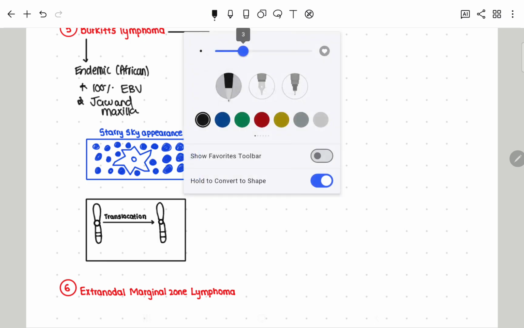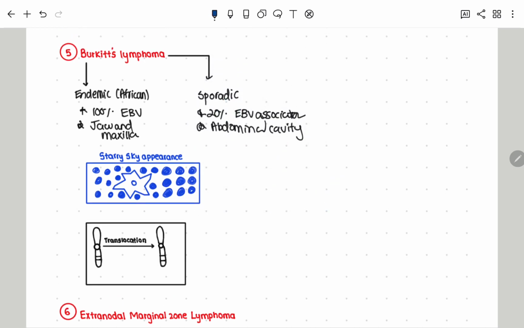Important things to note about Burkitt's lymphoma and the two different types is that they are histopathologically similar. However, their clinical and biological behaviors are different.